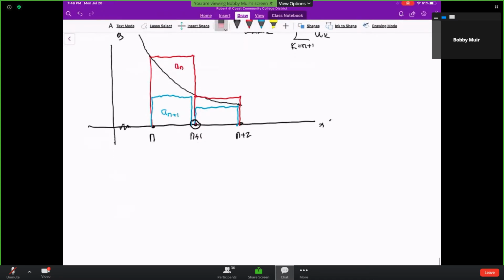Okay, so what we're going to do is let R_n be this sum, the rest of it, or the remainder if you like, n plus 1 to infinity of a_k.